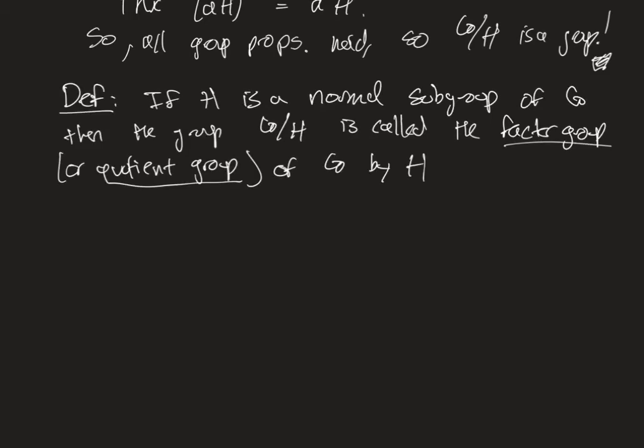And I want to put a warning in here. The normal part is extremely important. So we actually showed above that this is only going to work if the subgroup is normal.